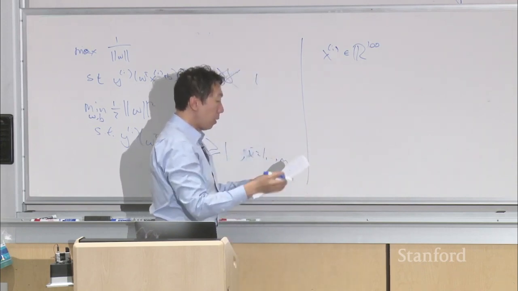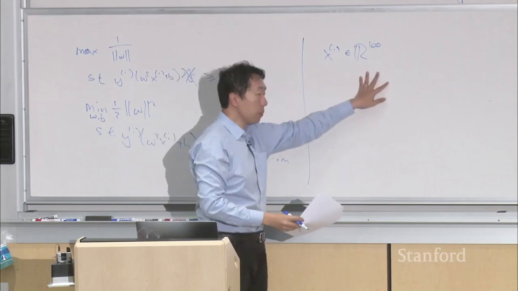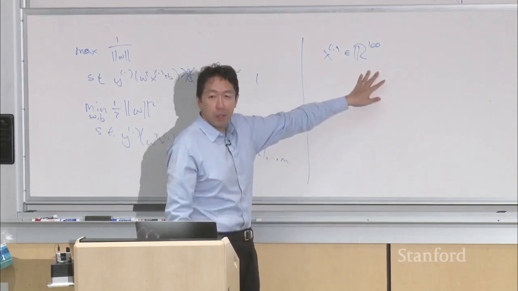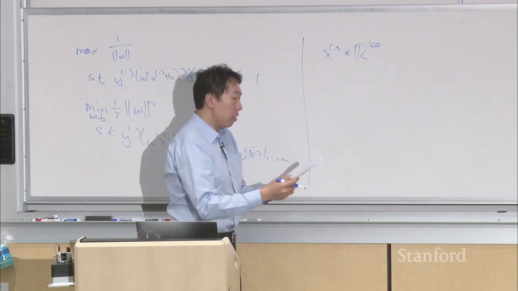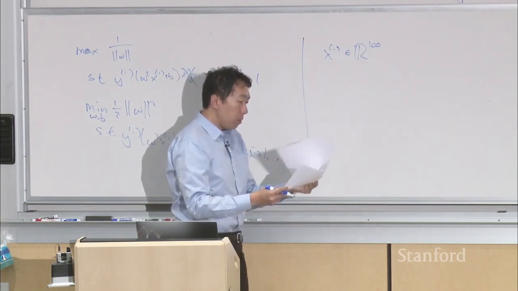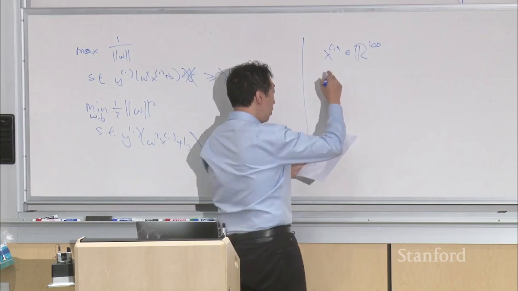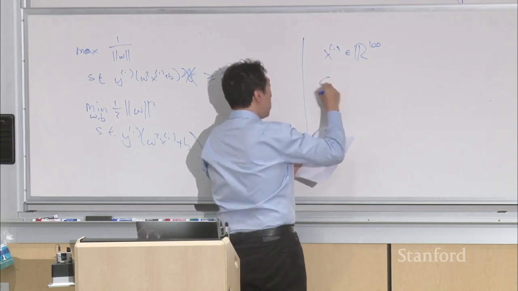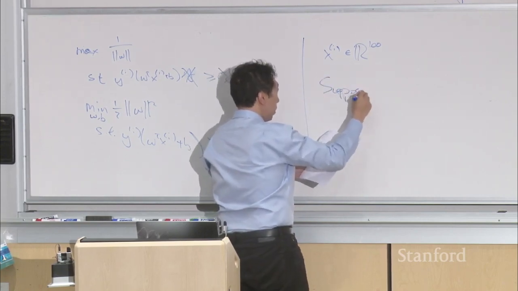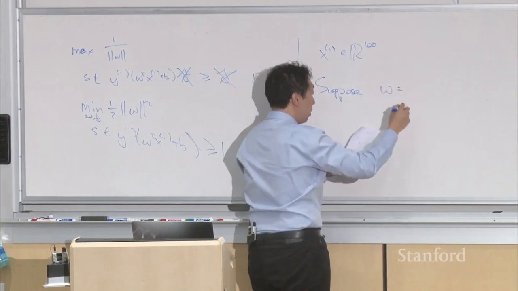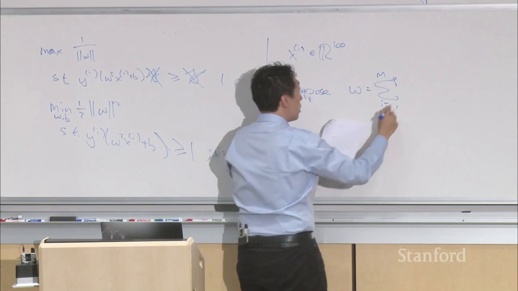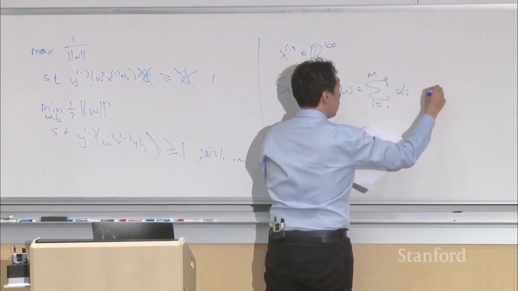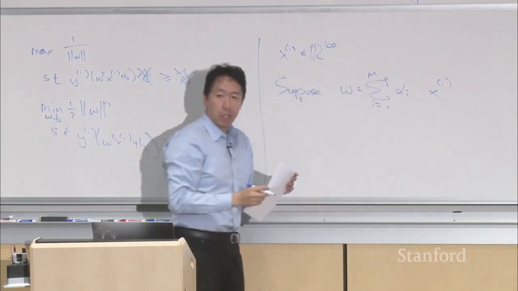What we will talk about later is a case where the features x i become 100 trillion dimensional, right, or infinite dimensional. And what we will assume is that W can be represented as a sum, as a linear combination of the training examples.